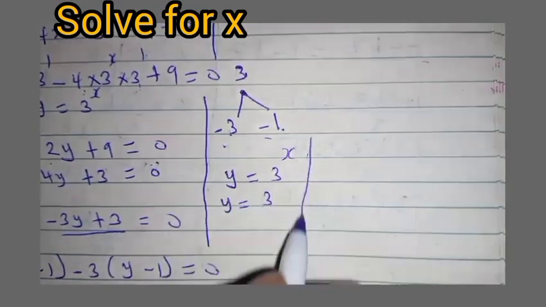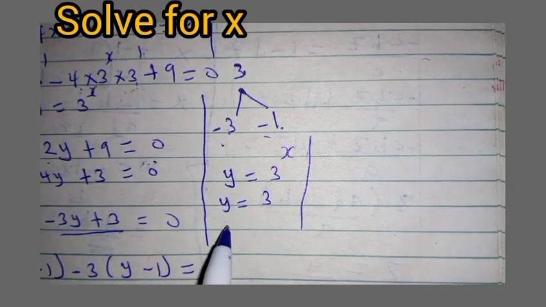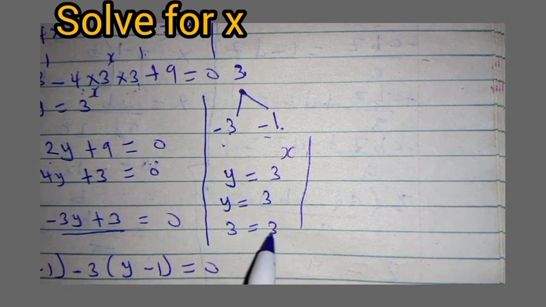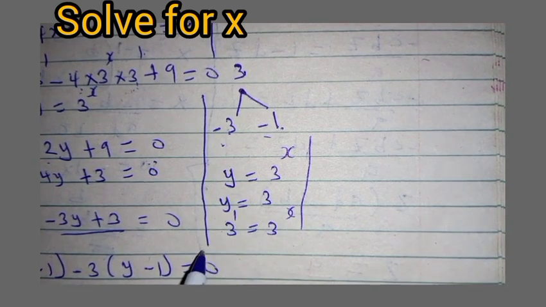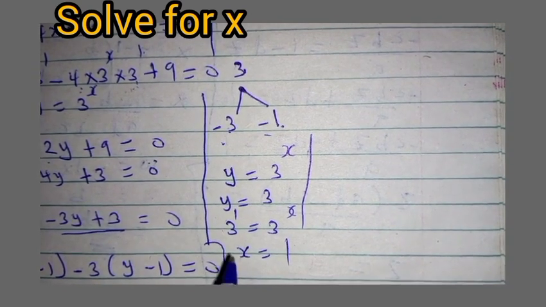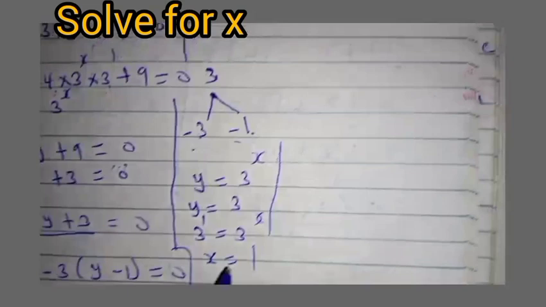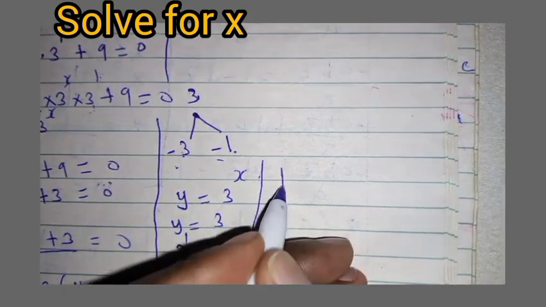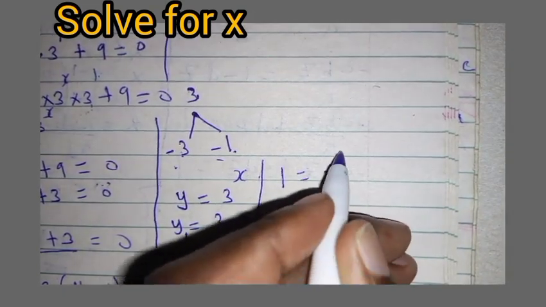So what are we going to obtain when y is equal to 3? 3 is equal to 3 power x, meaning that x is equal to 1. The other value of y, we have found it to be 1. So 1 is equal to 3 power x.